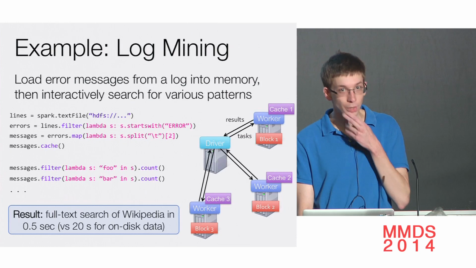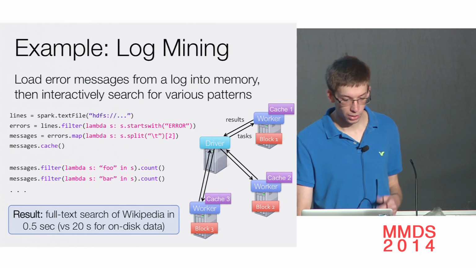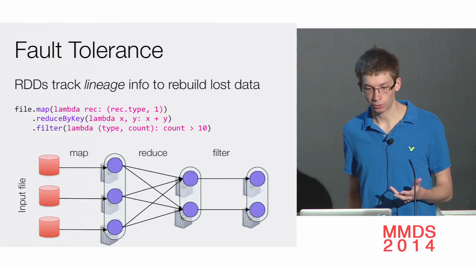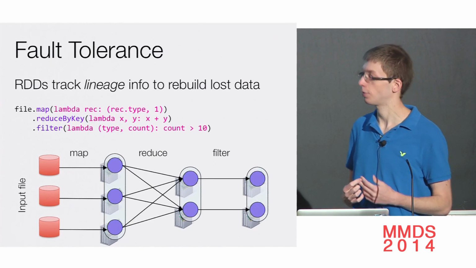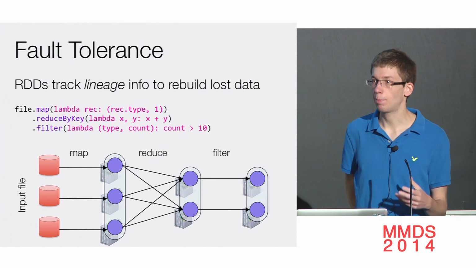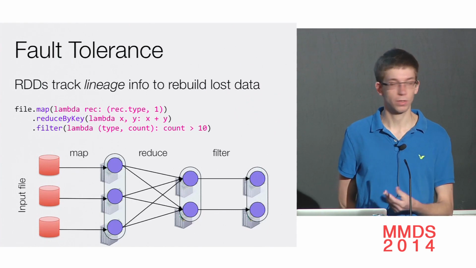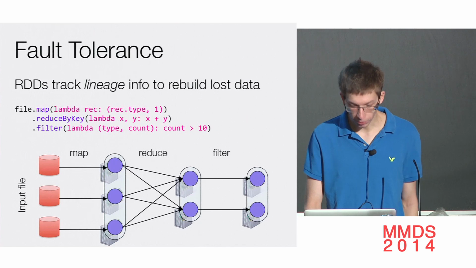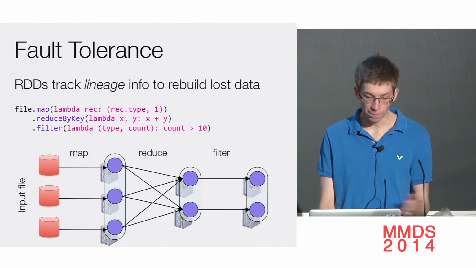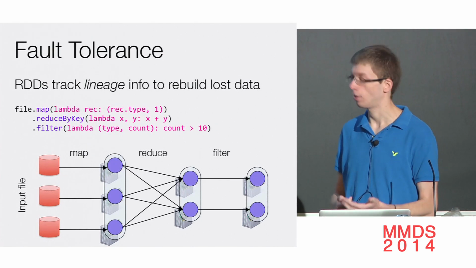Okay. The other aspect of RDDs that is powerful is fault tolerance. When you build an RDD out of these transformations, it automatically remembers how it was built, and it uses this for fault recovery. So in here, I'm showing a slightly more complicated program. I'm doing a map and then a parallel reduce and then a filter.